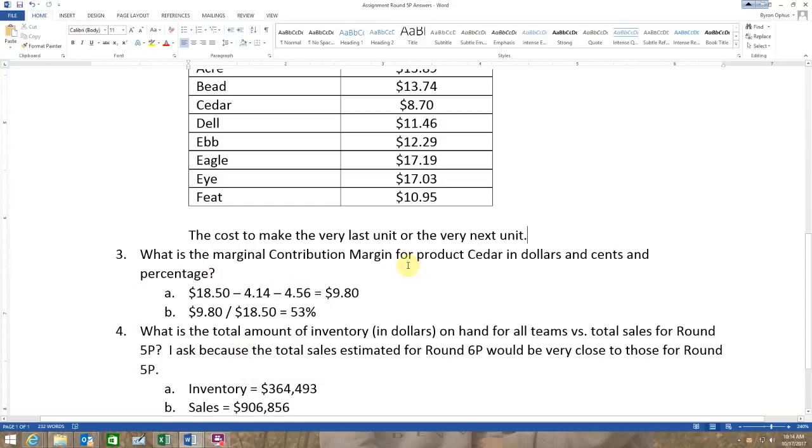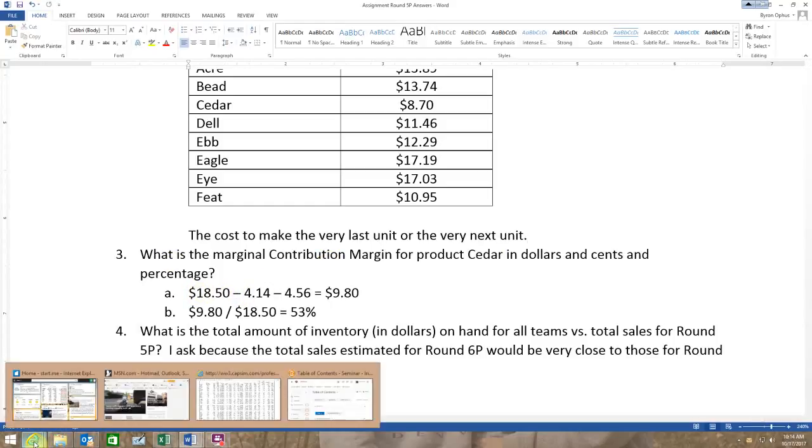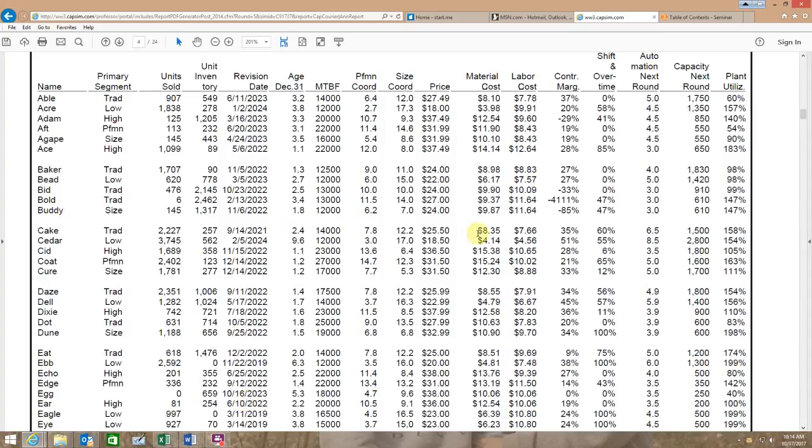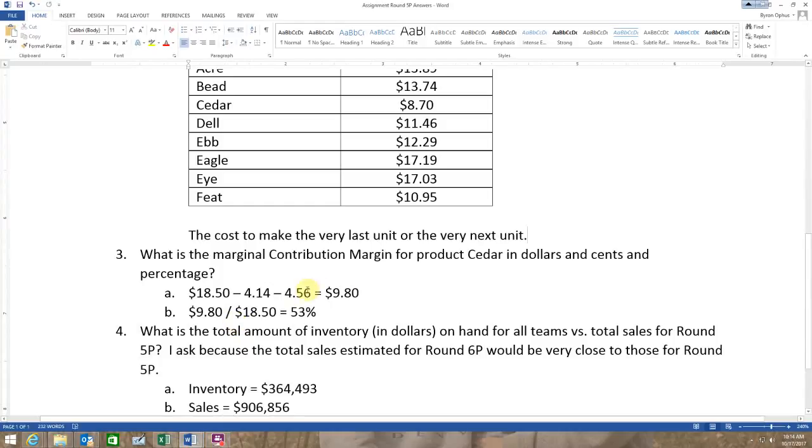So what's the marginal contribution margin for product Cedar in dollars and cents and percentage? Their sale price is $18.50, minus their variable cost, which is actually $8.70, gives us a contribution margin. Normally we'd call that a gross profit. I would typically refer to that as a gross profit of $9.80. And so as a percentage, it's 53%.